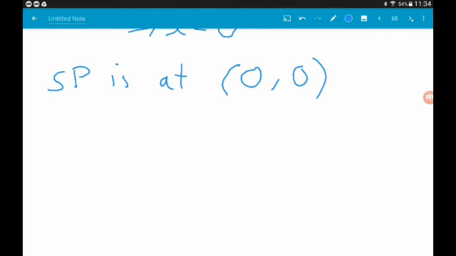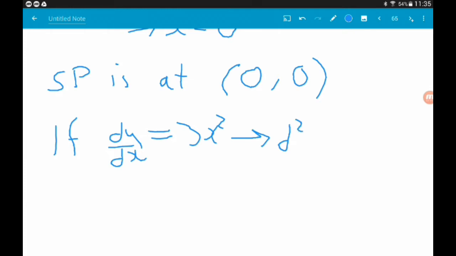So now, to try and classify it, we want to find the second order derivative. So if dy by dx is 3x squared, then d squared y by dx squared, oh, that's going to be 6x.